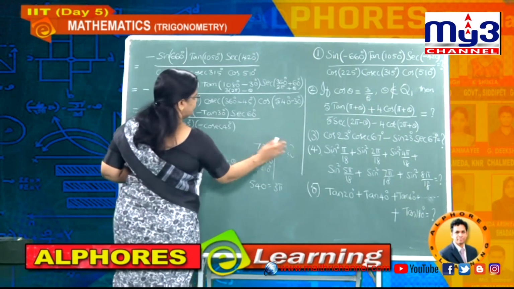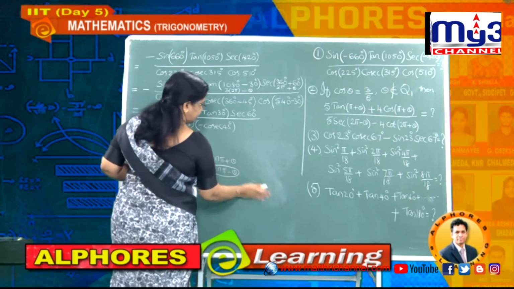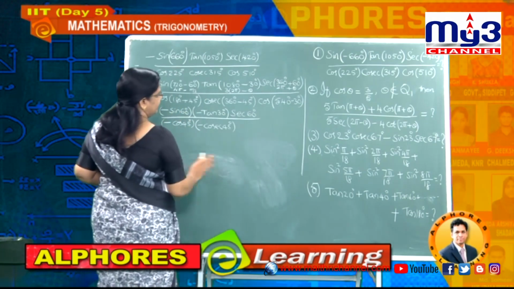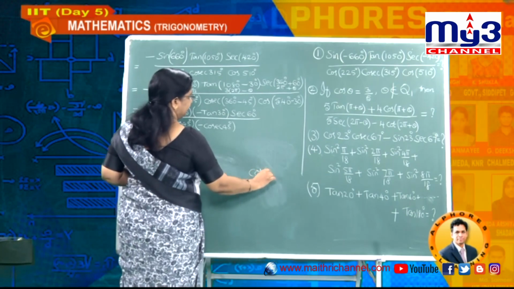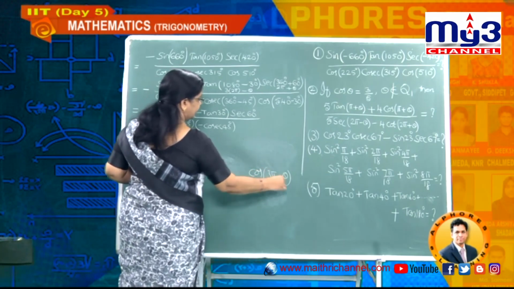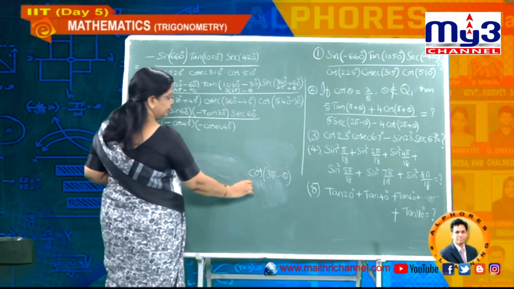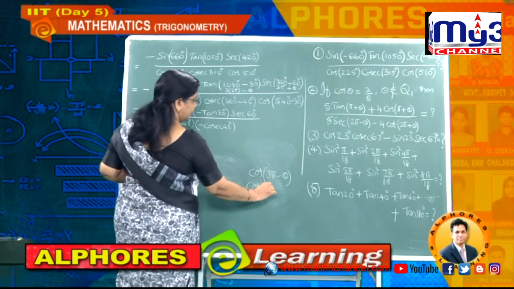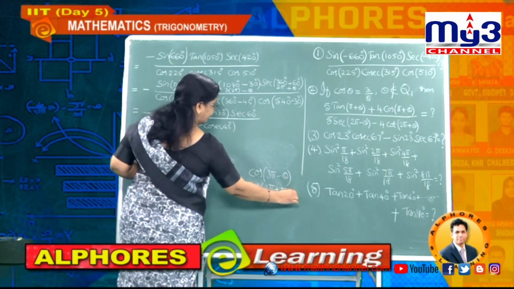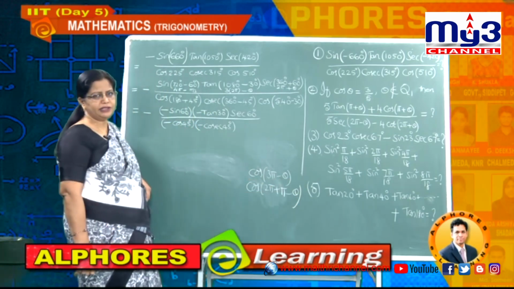So I will write this 540 value as cos of 3 pi minus theta, and this one you can write even as 2 pi plus pi minus theta.